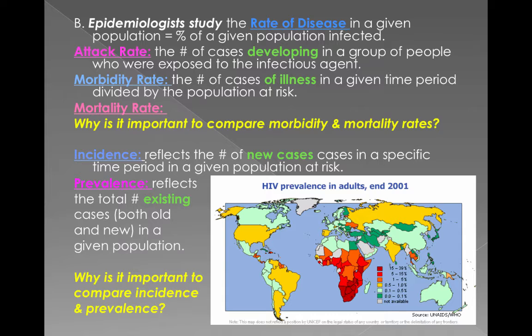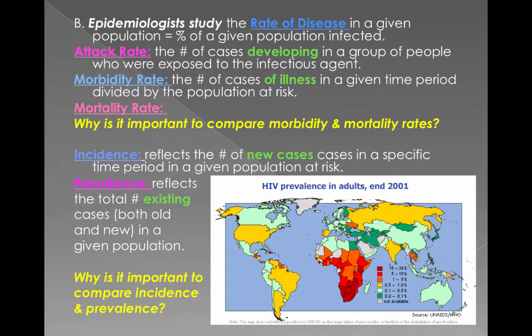So epidemiologists study the rate of disease in a given population. In our 2-day disease activity, we looked at the number of people in our class that became infected during the 2-day disease, during 2 different simulations. Same concept, except epidemiologists would look at a certain percentage.